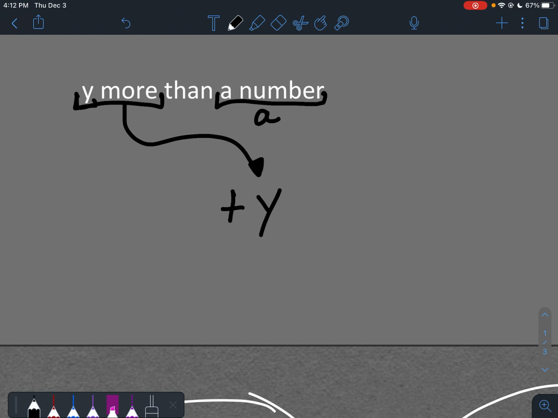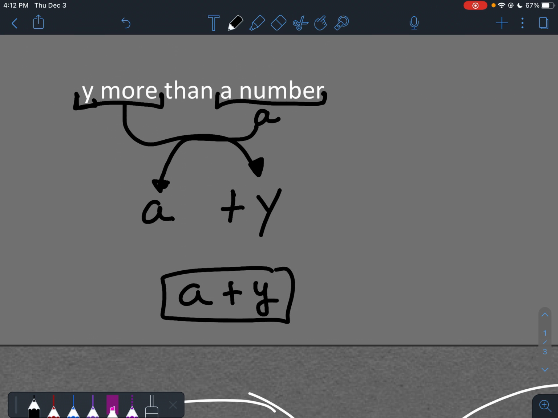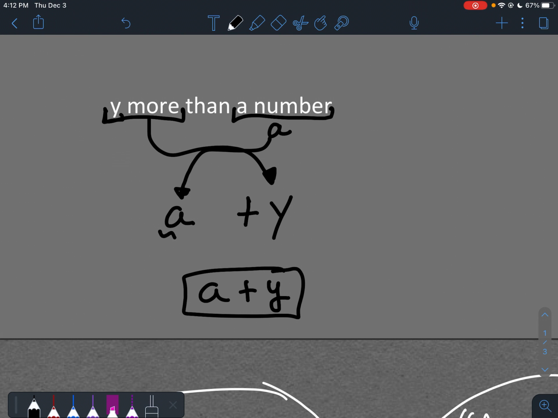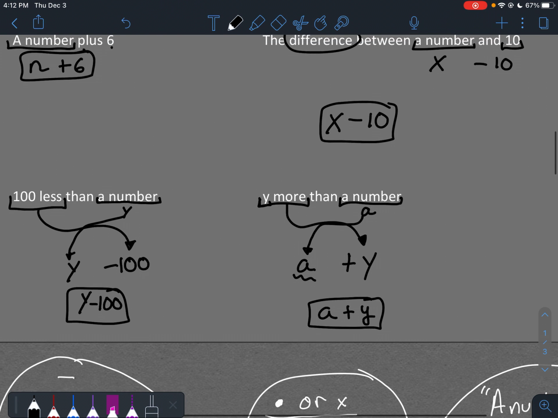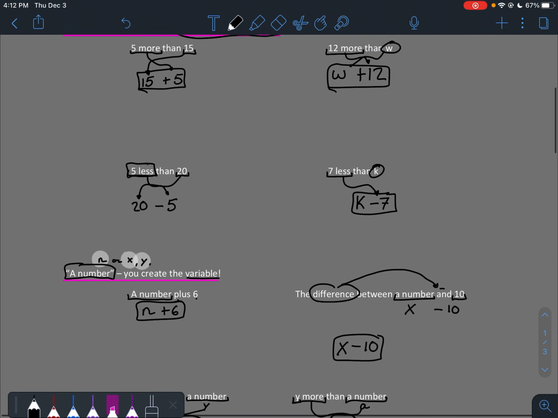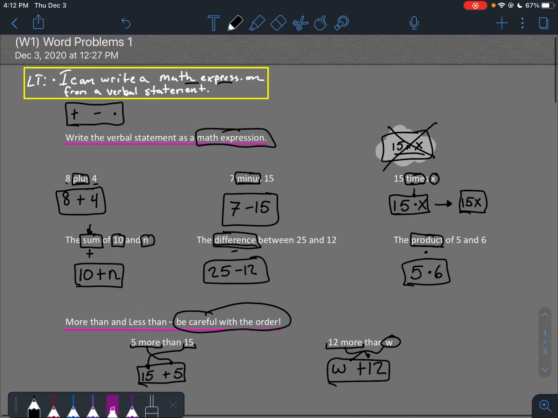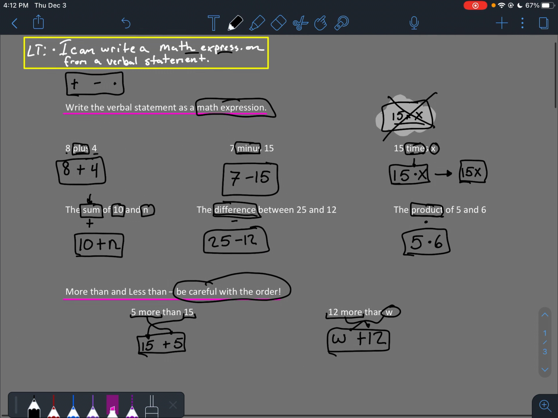A number A, and I have Y more than a number, and that number is going to be A. So we can say A plus Y. Now that can look different for just about everybody, depending on what you chose for your variable there. It could be B plus Y or Z plus Y. So that is your verbal expressions into mathematical expressions.